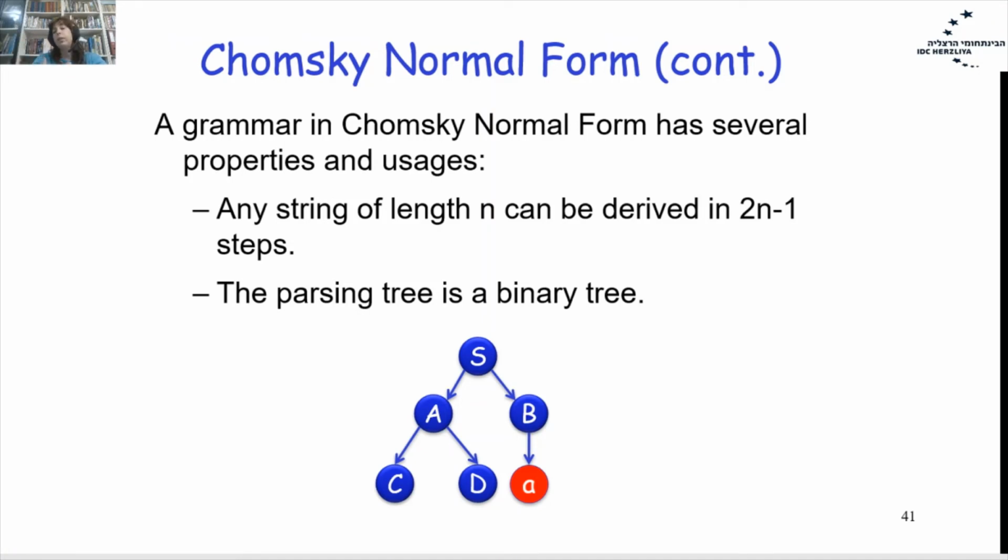Why a binary tree, and why is Chomsky normal form important? Because sometimes in programming languages you have a binary tree predefined in the language. Therefore, if you can rewrite your grammar in Chomsky normal form, you can use given algorithms for binary trees to construct a parsing tree for some word and so on.